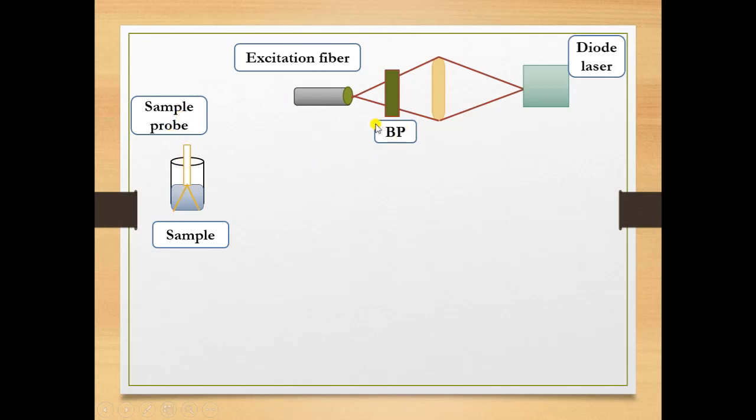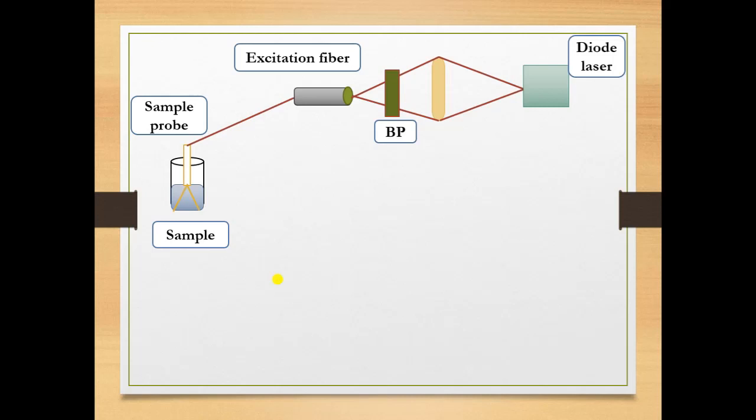Now this BP means band pass filter, which will allow the radiation which can pass. And this excitation fiber passes the excitation radiation to this sample probe.